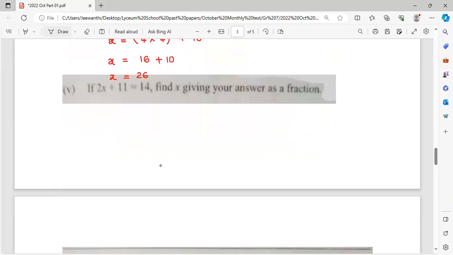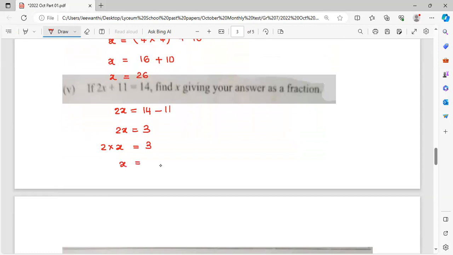So then you want to find the answer. But you know when you want to keep 2x here, you can bring that positive 11 to this side, negative 11. So then 2x is equal to 3. So then 2x means 2 times x equal to 3.